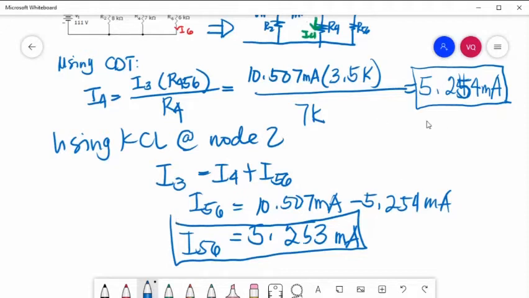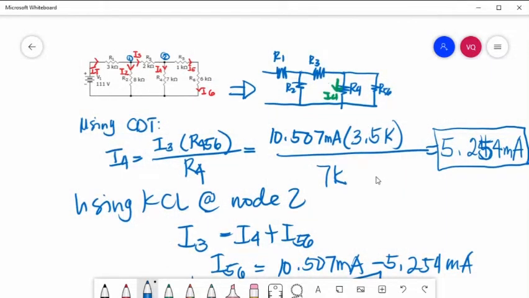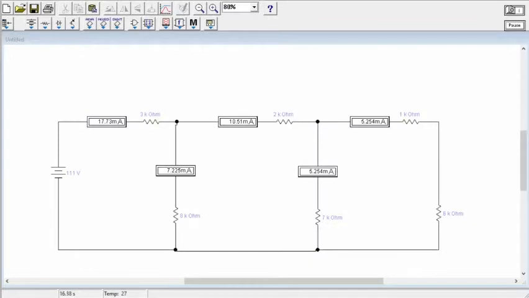We can verify this one if we will simulate the circuit in electronic workbench. I simulated the circuit that we solved a while ago in electronic workbench to verify our answers. So, tama naman lahat. Nandito lahat yung branch currents.